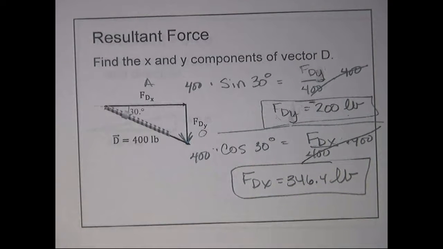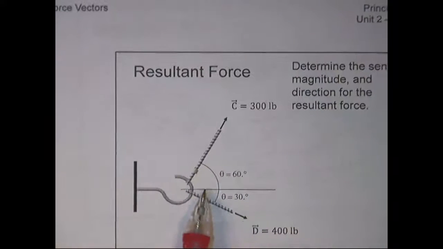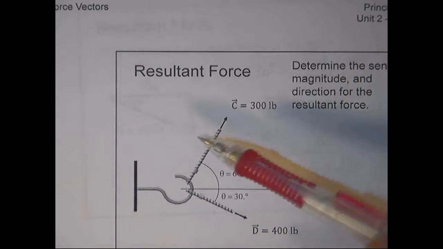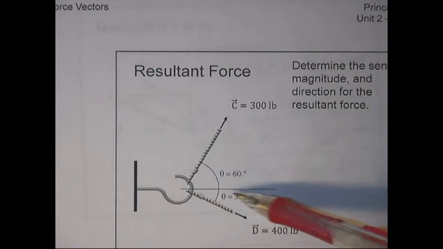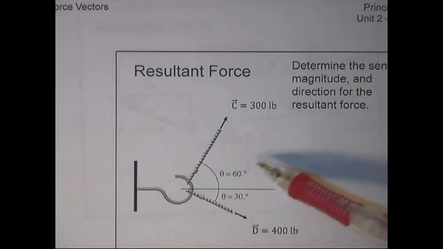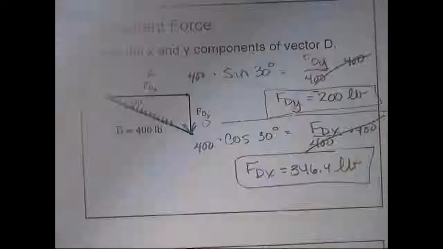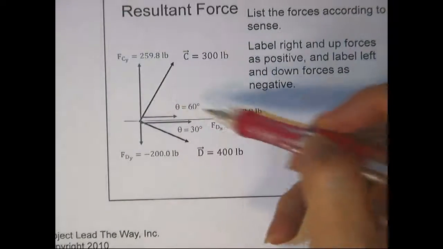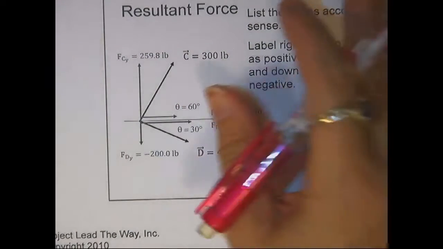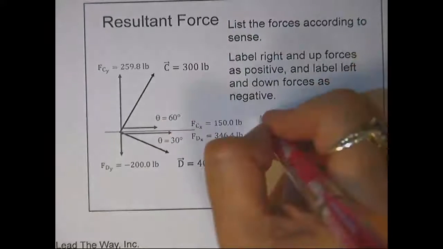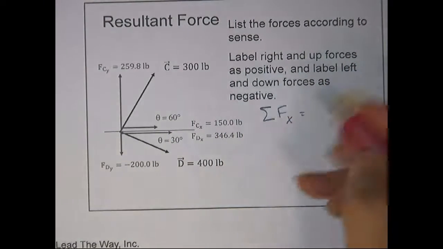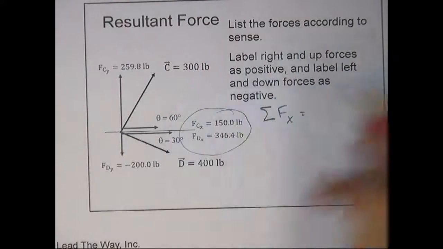So once again, remember we were looking at this hook here, and I found the x and y coordinates of this one and the x and y coordinates of this one because I really want to find what the final resultant is. So they've gone through and added them back up. These are the same numbers we just got on those problems we did. And so now we want to sum up the forces in each direction. So the sum of the forces in the x equals these two added together.